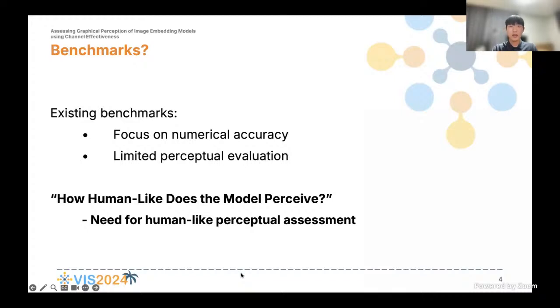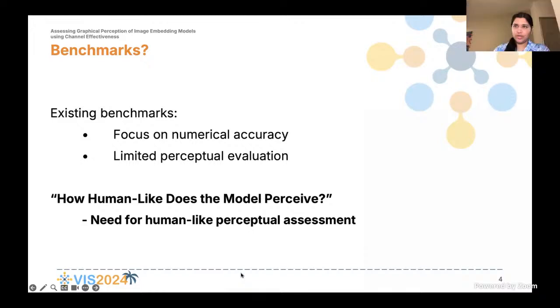So we think that the embedding space needs to reflect the accuracy of the channels or the discriminability of the channel. So I am not aiming at the multimodal LLM things, but I think the study will help them to improve into more human-like models.